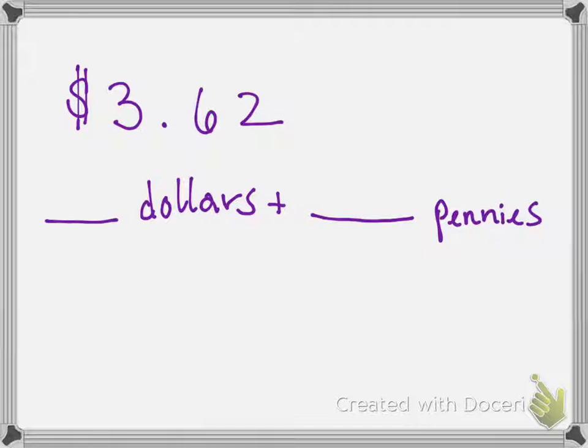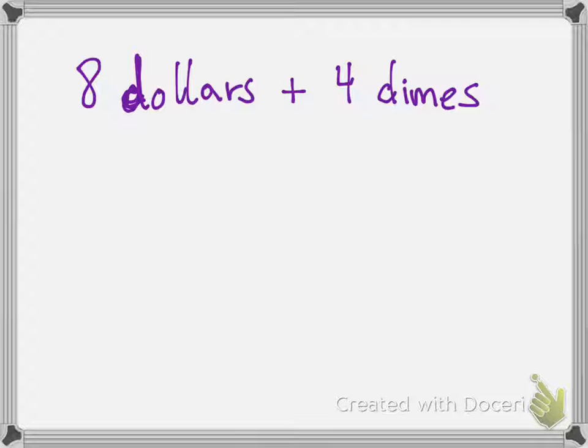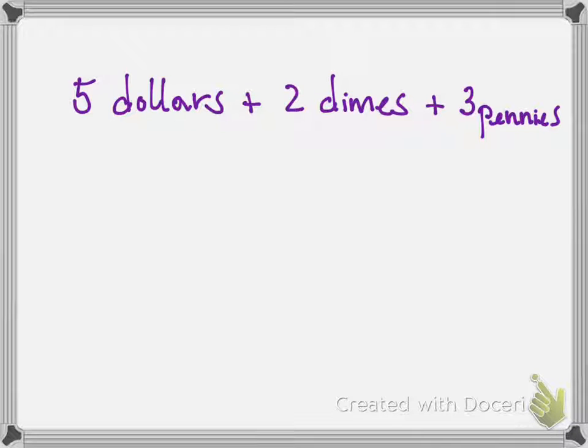All right, 4-3, let's see how much you've learned. I would like you to complete these with its values. $3.62. How many dollars do we have and how many pennies? Here's another one, $8 plus 4 dimes. Please write the amount with the dollar sign and the decimal point. $5 plus 2 dimes plus 3 pennies.